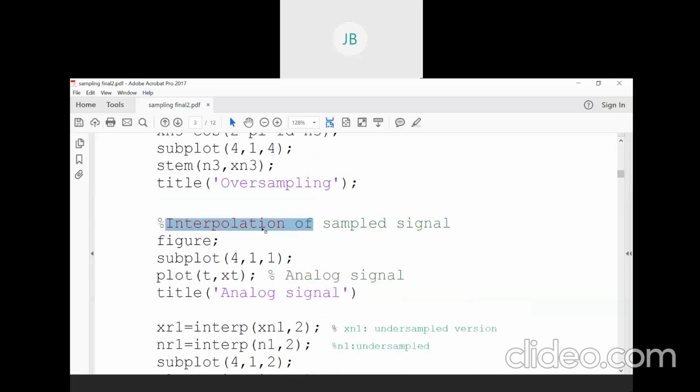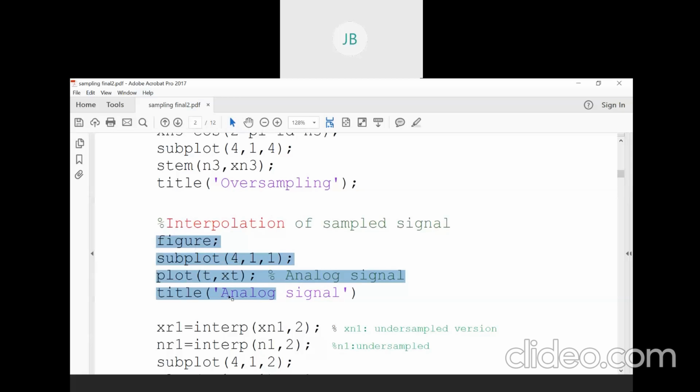We'll begin the interpolation here. Initially, we will redraw the original analog signal just for our reference. So that is what is done here. We will define a figure and a subplot, and we'll plot t and xt, which is nothing but the analog signal having a cosine variation.